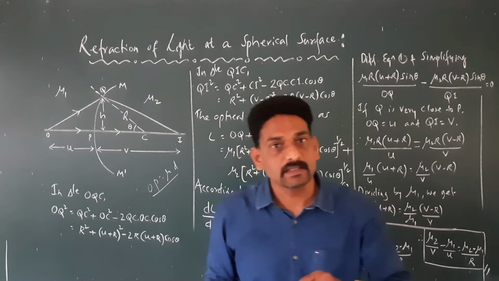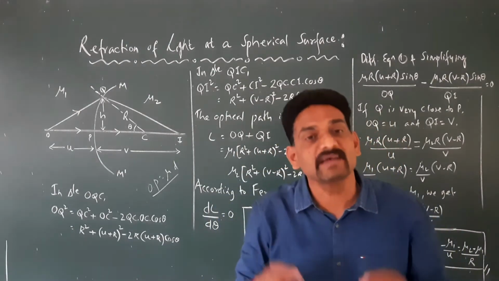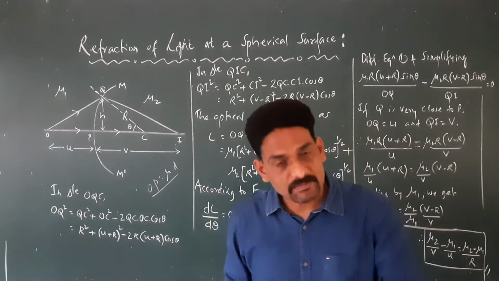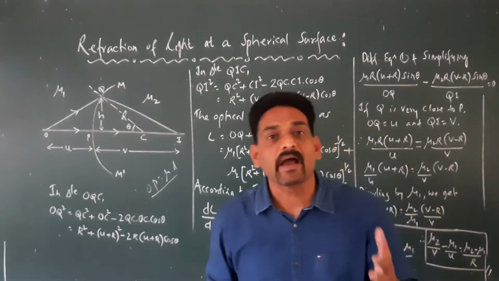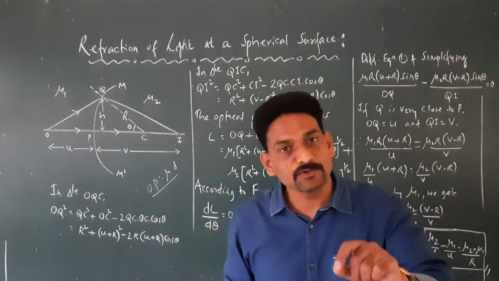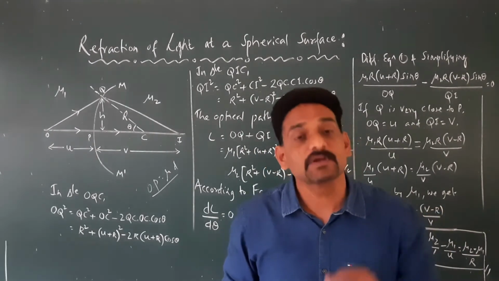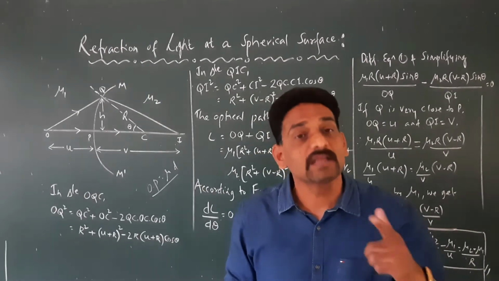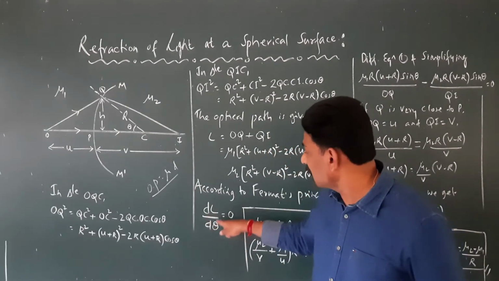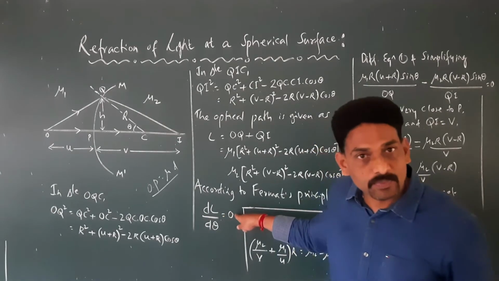But the optical path as such is either going to be maximum or minimum or stationary as per Fermat's principle, or in other words, L is going to be a constant. So if L is constant, then we can say dL by d theta is going to be equal to 0.